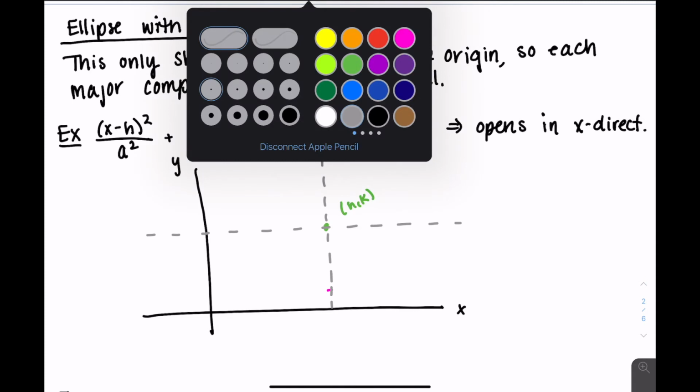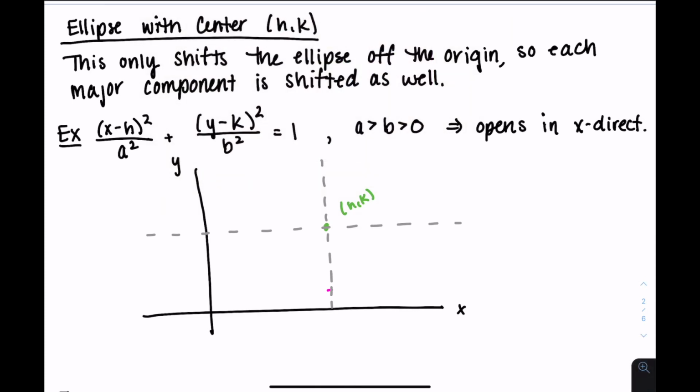From the center, to get to those endpoints along the major axis, which is in the x direction still, you're going to go left and right a distance of a. So in the x coordinate, you're going to add a, but the y coordinate stays the same. To get this other endpoint, you subtract a, but again, the y coordinate stays the same. These give you your two vertices.